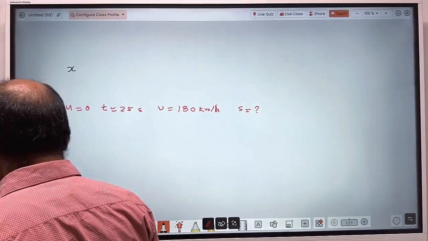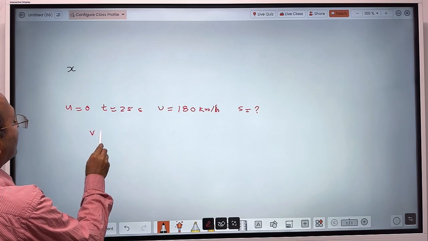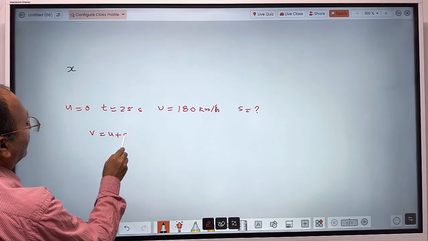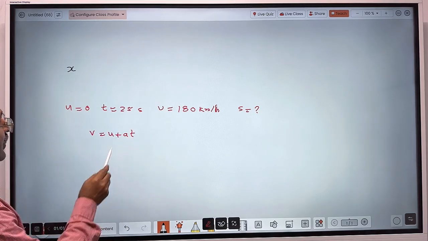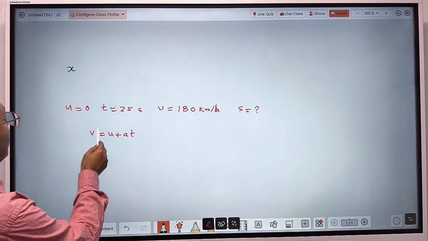S is to be found. Which formula will you use here? Either you can apply the formula v equal to u plus at, and then you get acceleration, then you can proceed further. It will be better.